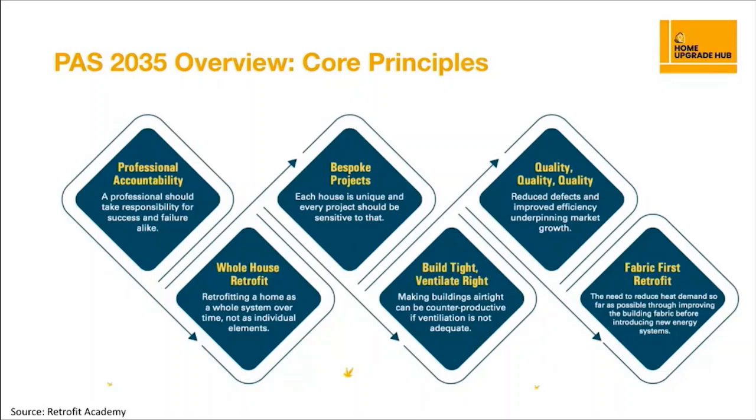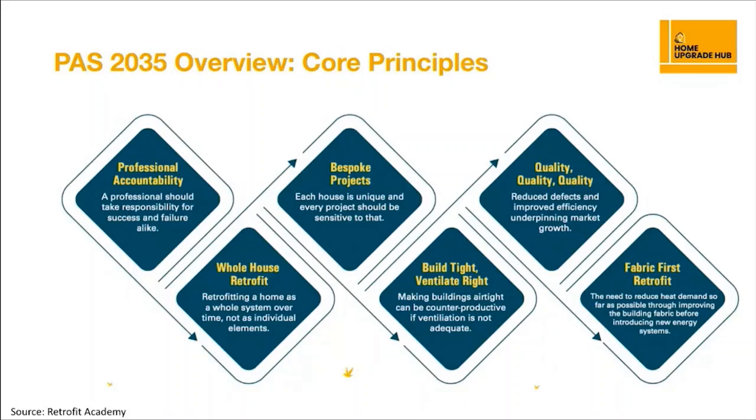So we need to, if we're improving fabric measures in particular, we need to pay really careful attention to ventilation. Quality, so it's about reducing defects and improved efficiency. So yeah, and hopefully this will improve the market for retrofit.